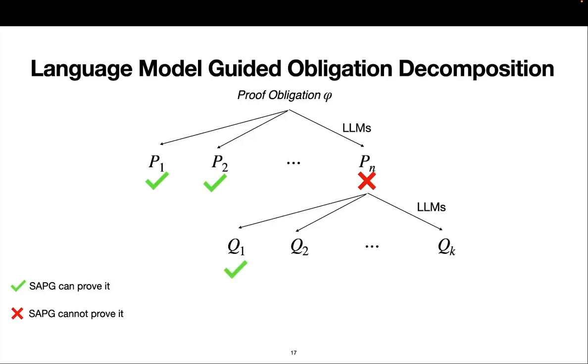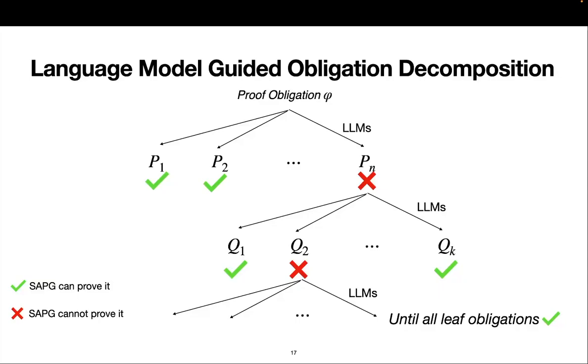And again, we check each new subclaim with SAPG. We keep doing this recursively until all the leaf obligations in this tree can be proved by SAPG. As you can see, the overall structure here is a tree where the root is our original proof obligation and the leaves are simple claims that SAPG can prove directly.